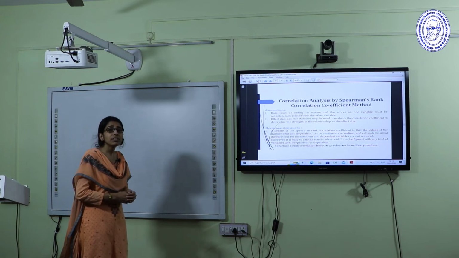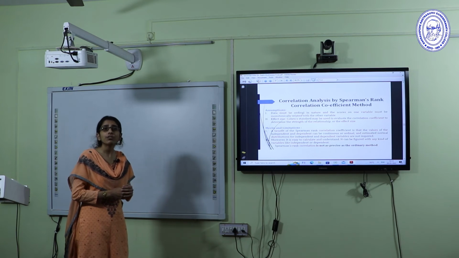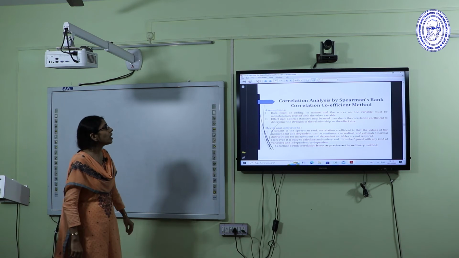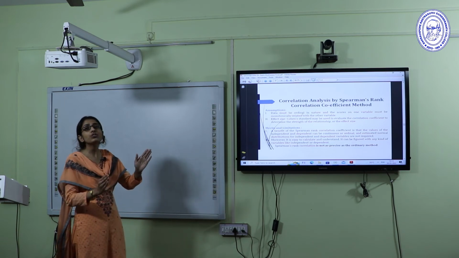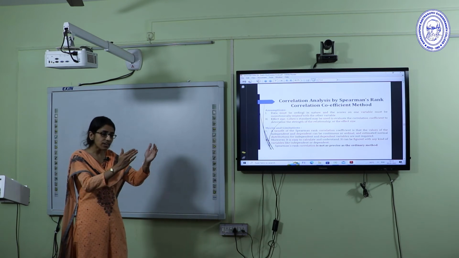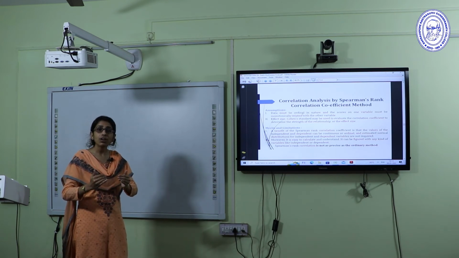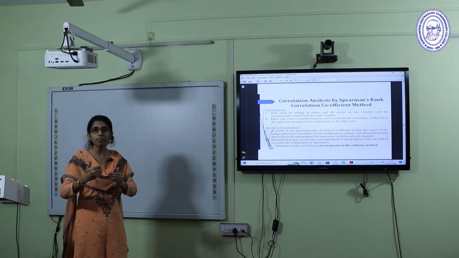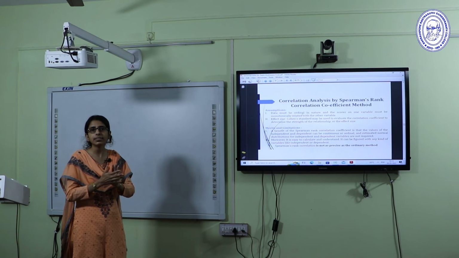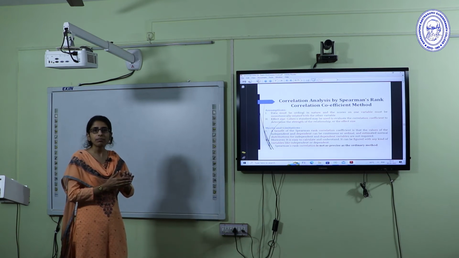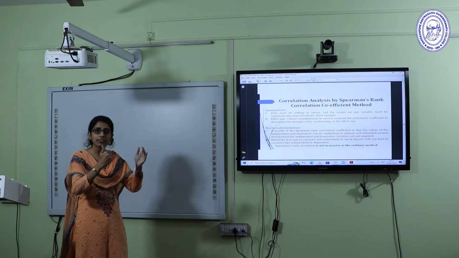First of all, like Pearson's, this particular measurement also has some assumptions. Let's see. The first one is that data must be ordinal in nature. That means you have a data set which is ordered, or organized in an orderly manner: ordered data, ordinal data, ranked data. That means there are some ranks.